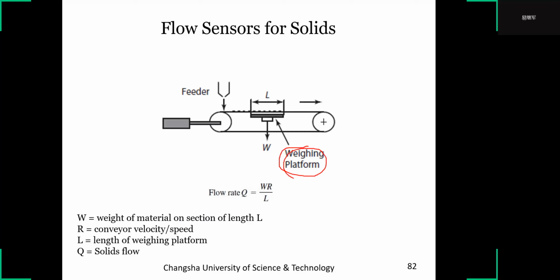When the solid is moved along this belt, the flow rate can be calculated by this equation: Q = W × R / L, where W is the weight of material on the section, R is the conveyor velocity, L is the length of the weighing platform, and Q is the solid flow.